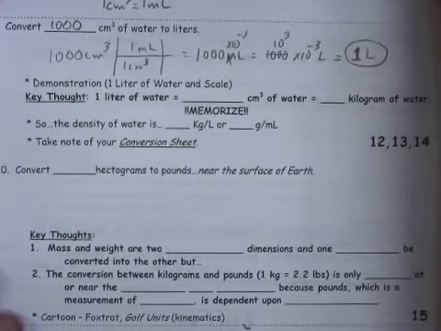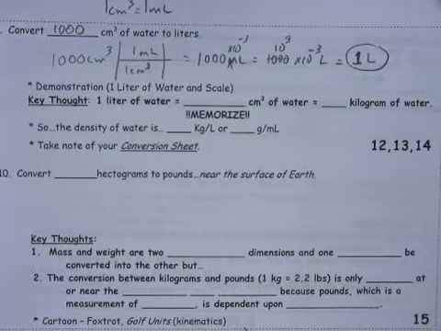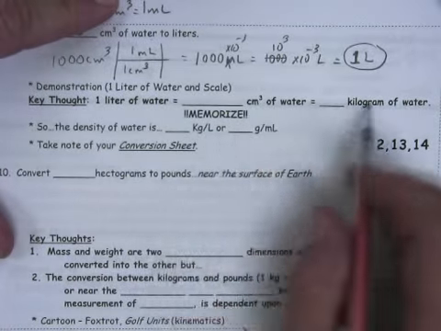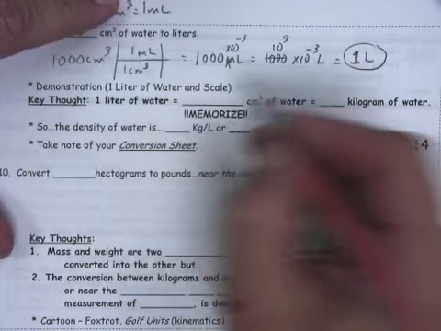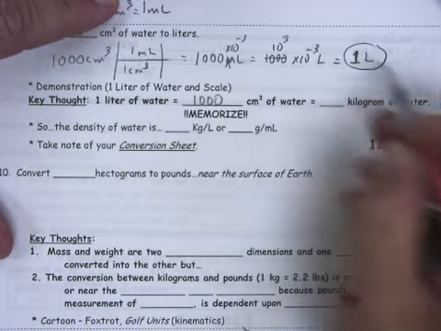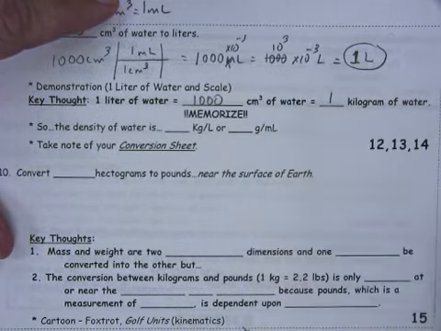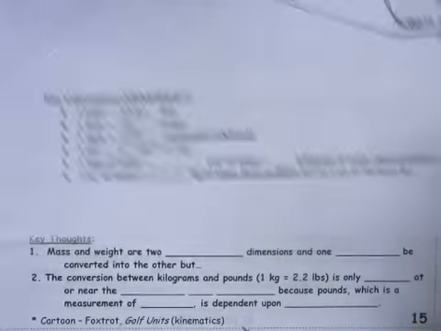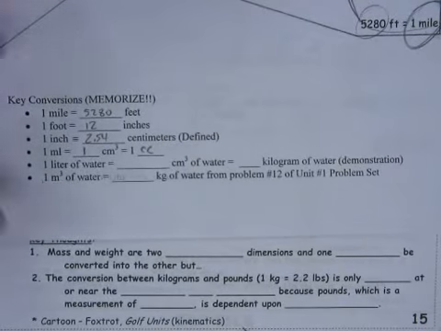If you were in class, I would actually show you a demonstration, so it's helpful to be in class for that. But I'll at least give you this. 1 liter of water is equal to 1,000 cubic centimeters of water and 1 kilogram of water. You need to have that memorized, and that's on your equation sheet or your conversion sheet.